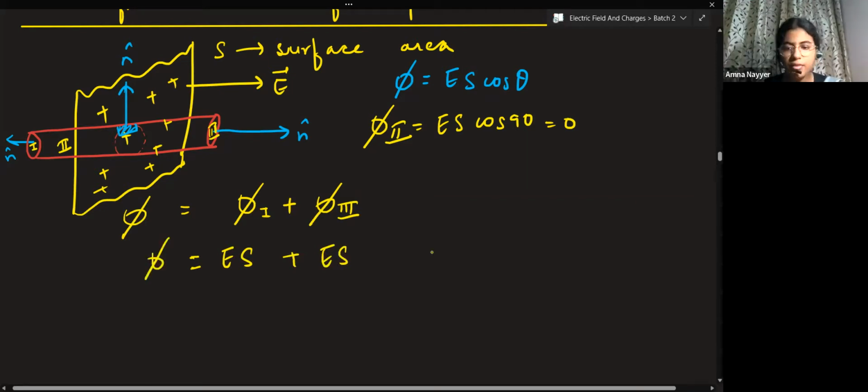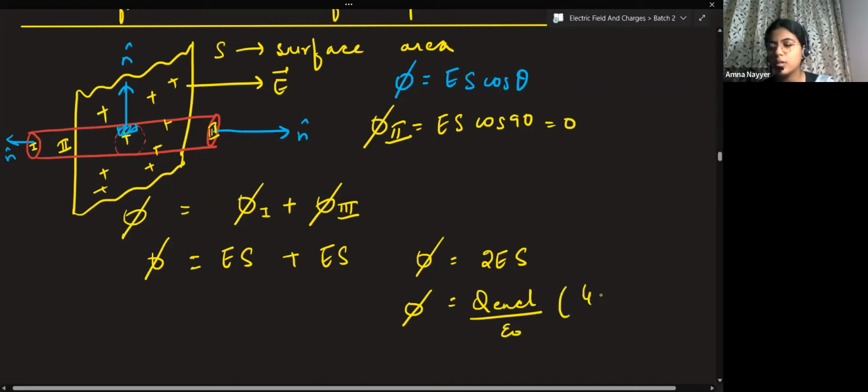So your net flux becomes 2Es. From your Gauss theorem, you know flux is charge enclosed by epsilon naught.